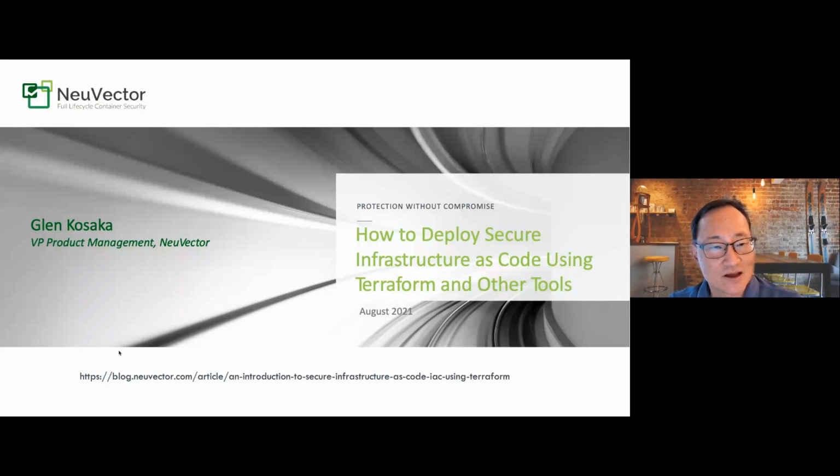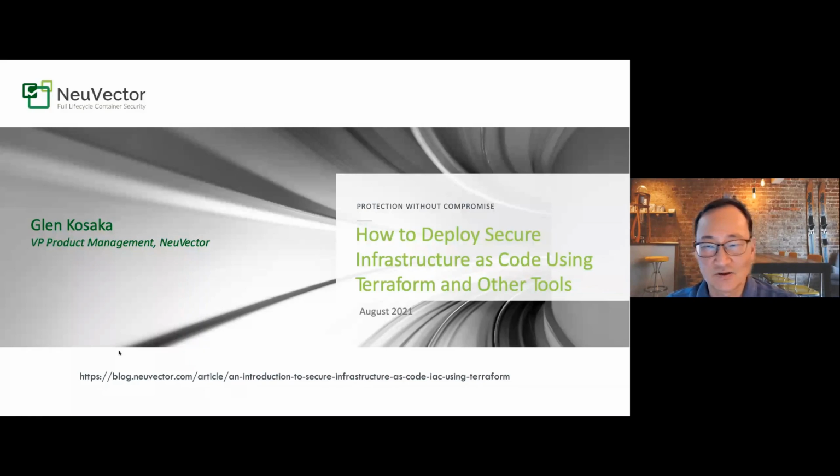Today, I'm going to talk about one of my favorite topics, which is automation. There's been a lot of coverage and hype about the topic of infrastructure as code. So we're going to talk a little bit about what that is, start with the basics. But we're going to focus today's webinar on security.